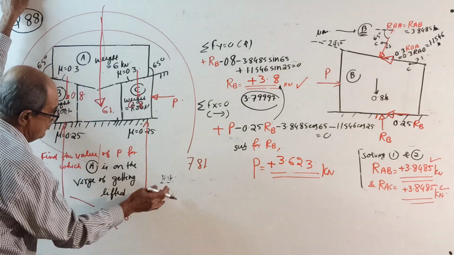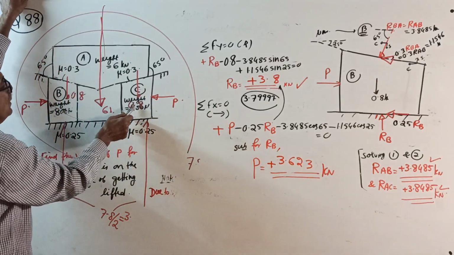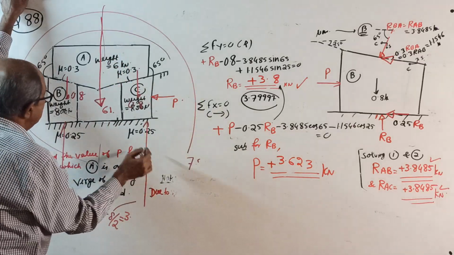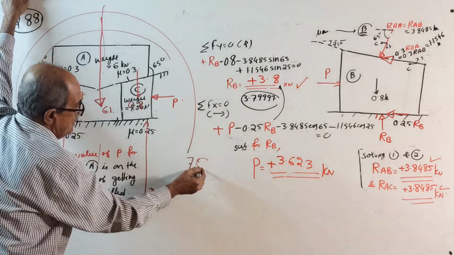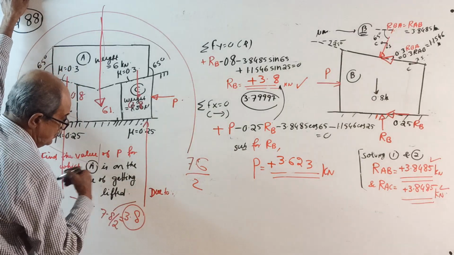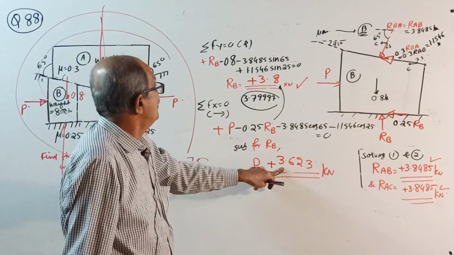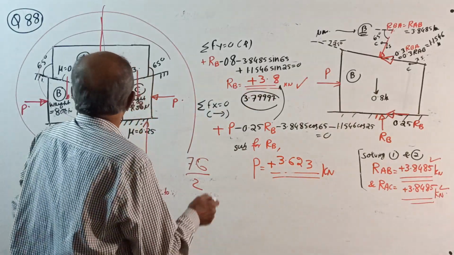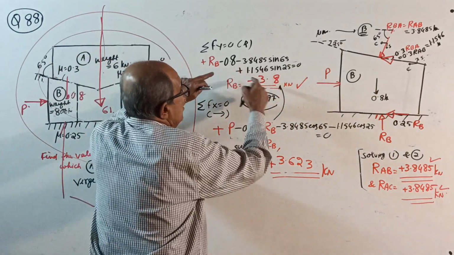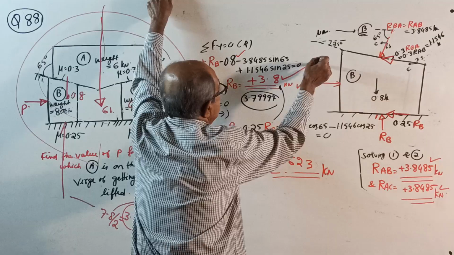See, 0.8 plus 0.8 is 1.6. 1.6 plus 6 is how much? 7.6. 7.6 divided by 2 is each reaction should be 3.8 kilonewton. Then I saw there the reaction came higher. Then suddenly I realized, yes, see, mistake is, it is not 8. I did not see that point. It is 0.8. Now see here, 3.8 kilonewton.